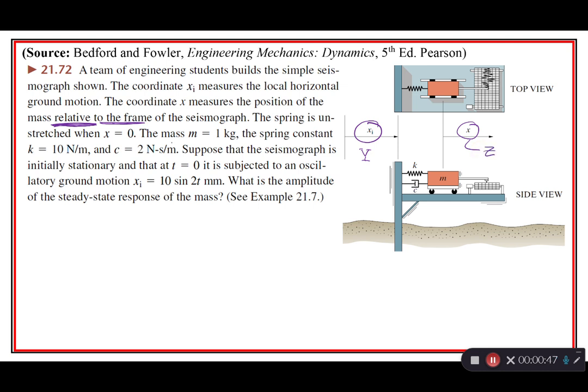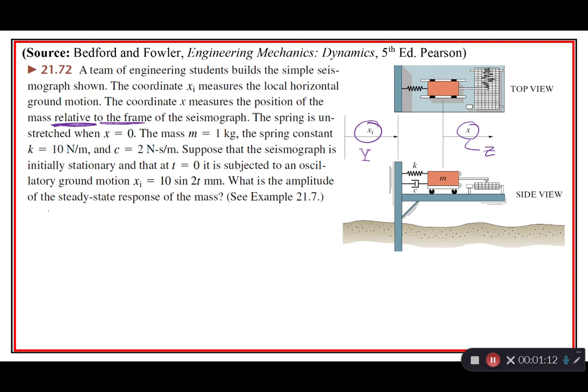The spring is unstretched when x is equal to 0 and the mass is 1 kilogram, and the spring constant is 10 newtons per meter, and the damper is 2 newton seconds per meter. Suppose that the seismograph is initially stationary and that at time t equals 0 is subjected to an oscillatory ground motion of, right?